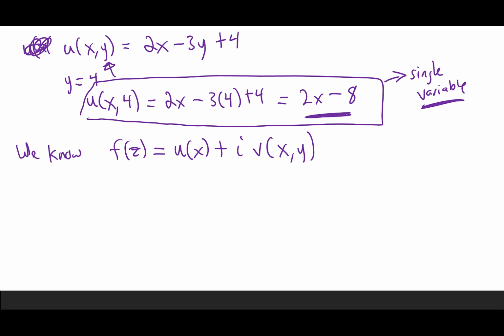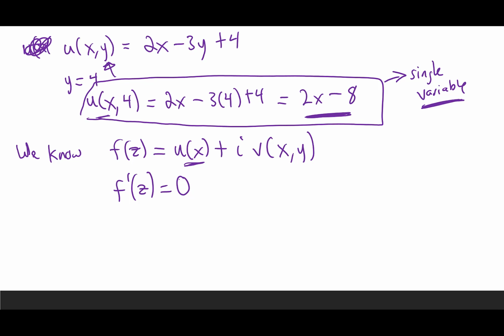That's what we know at this point, because again, remember our u now is a single variable function in x. All right, so now that we know that, we also know that f prime of z is equal to 0. Remember, that's our initial assumption, that the derivative is 0 in all places.